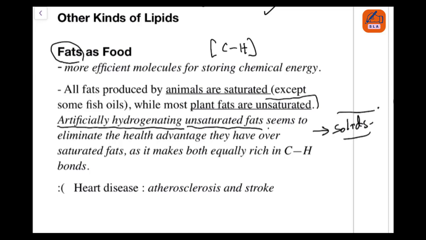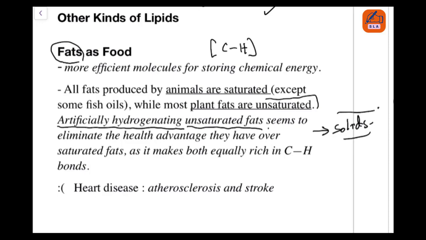Yeah, we add more hydrogen, so the fats do not separate out as oil, and it looks nice, but that seems to eliminate the health advantage they have over saturated fats. What is more important is that unsaturated fats are healthier than saturated fats. That is something that I don't want you to forget, my dear students.